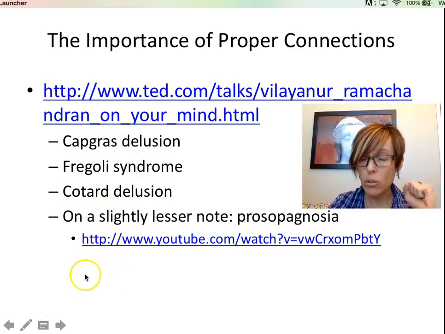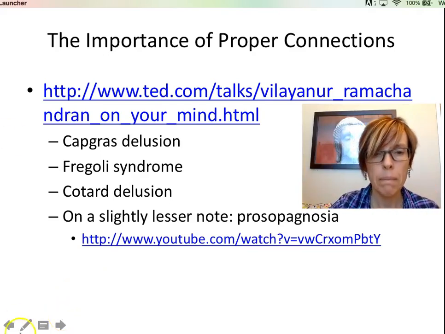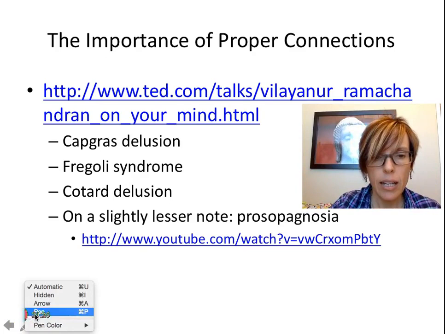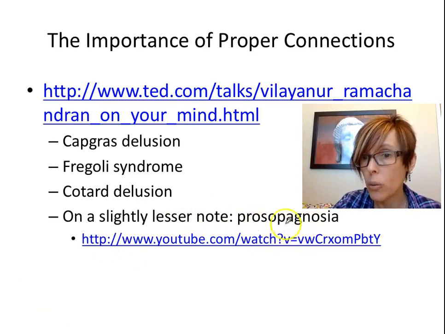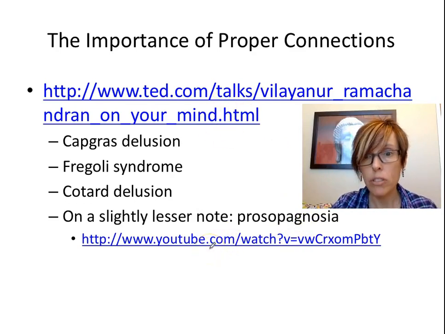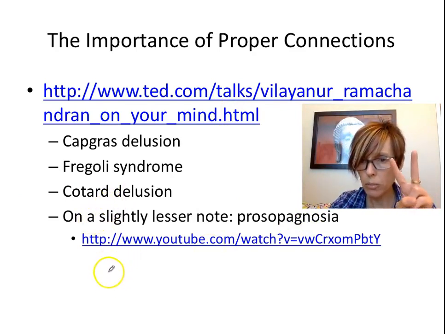Absolutely fascinating. Why it's so important to have these proper connections between different brain regions. And this other condition called prosopagnosia is going to go along with this. So when you get a chance, watch this video. They're really, really interesting.